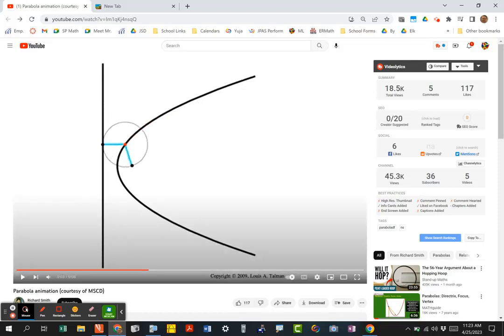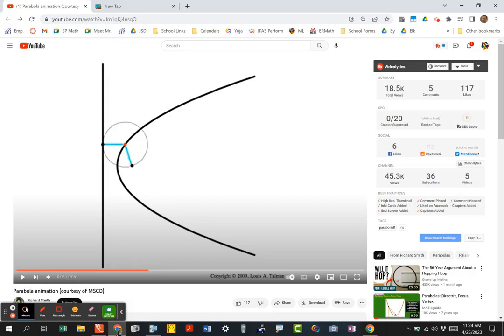The same thing is true here. We've got the focus right there, the directrix over here, and this point is at the center of the circle. So this blue distance is exactly the same as that distance. So the distance from the point on the parabola to the line, the directrix, is exactly the same as the distance from the point on the parabola to the focus.